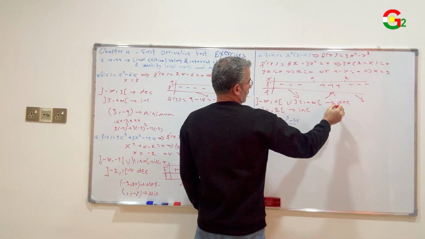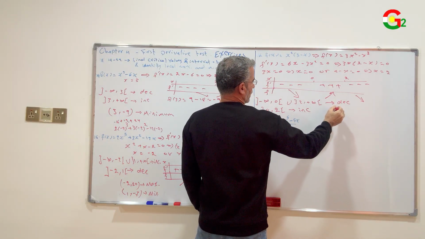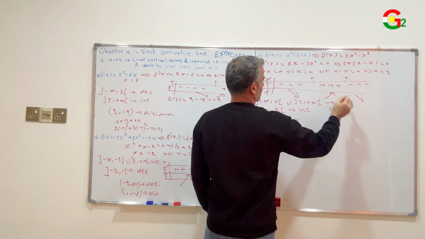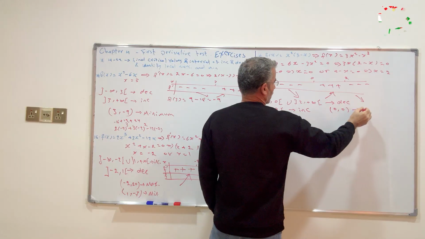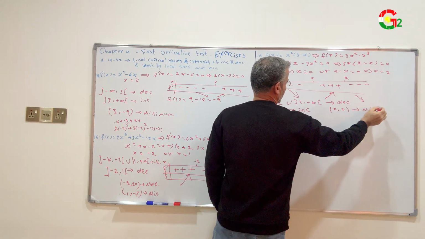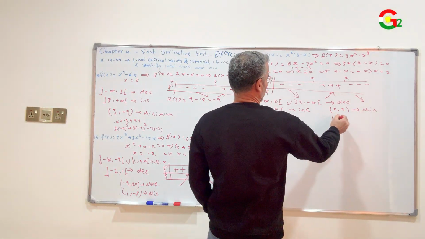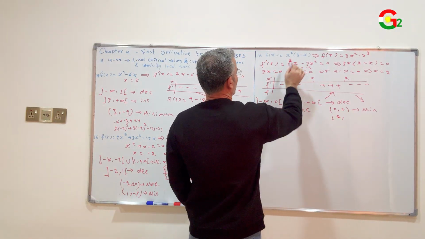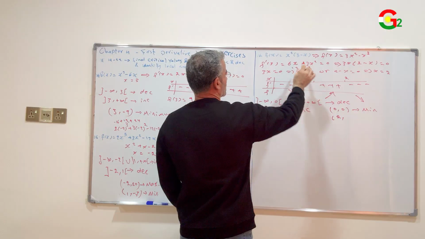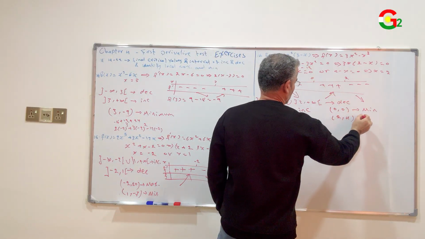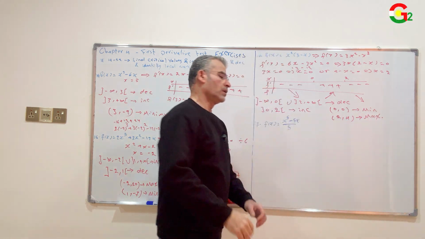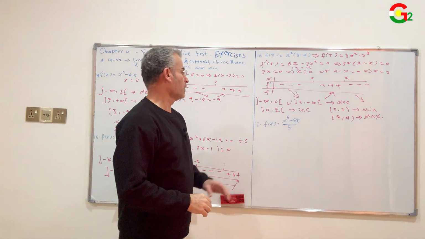The local extremum points are 0: substitute 0 in the function, 0, 0 is a local minimum point for this, and 2: 2 times 2 to the power 2, 4 times 1, 4, 2, 4 is a local maximum for this function.